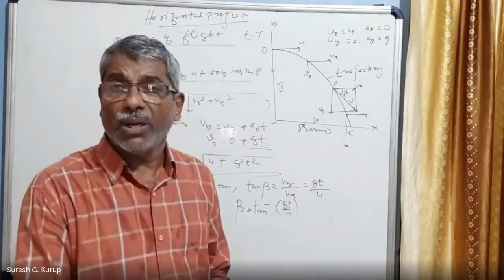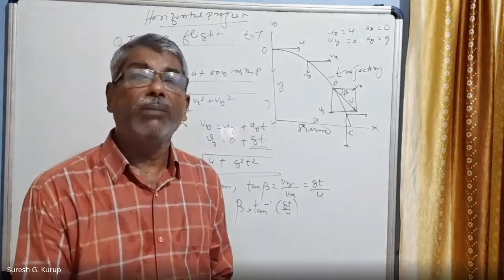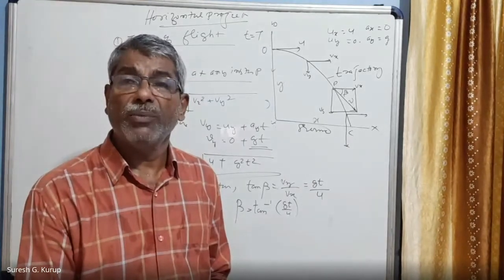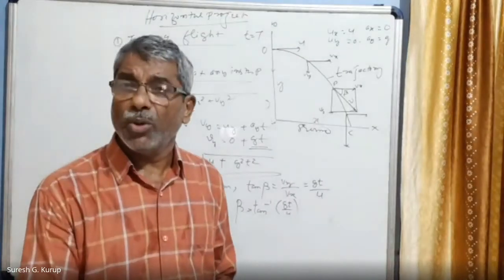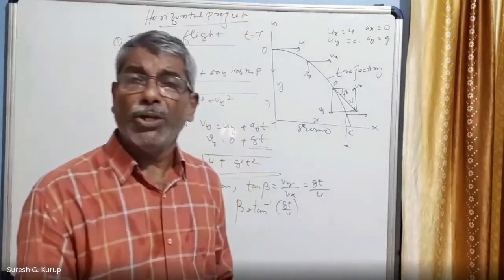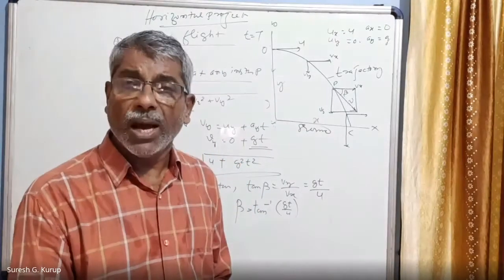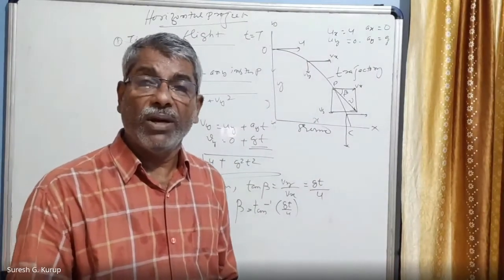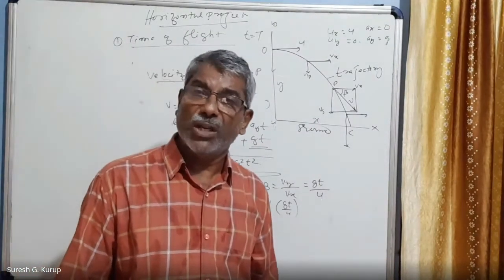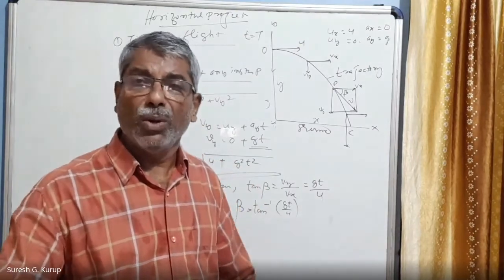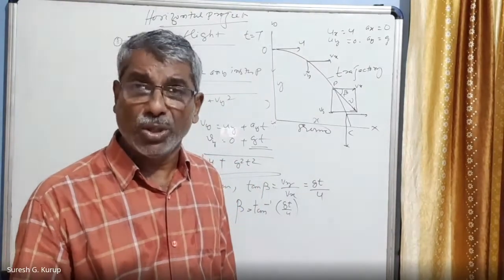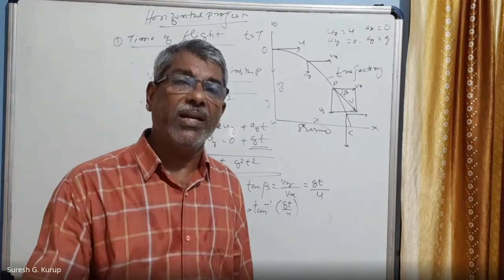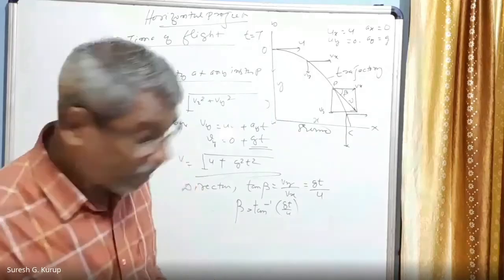But what always remains the same? The horizontal component of the velocity of the body always remains constant. So projectile motion has two motions: one is horizontal uniform motion, the other is vertical uniformly accelerated motion. This you must always remember. This is what is called horizontal projectile.